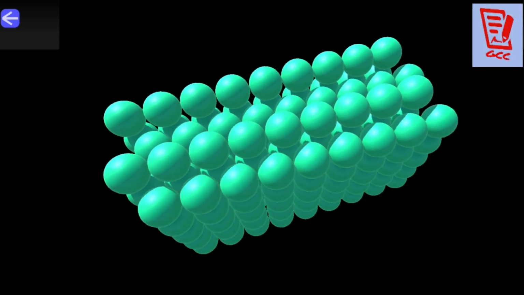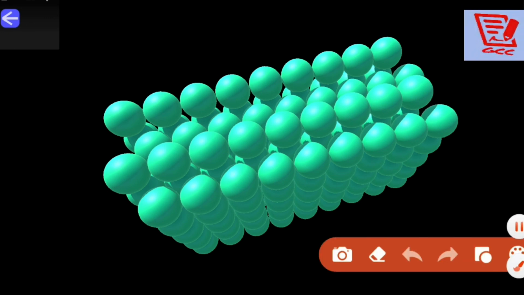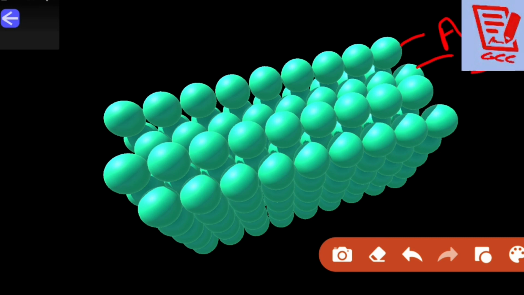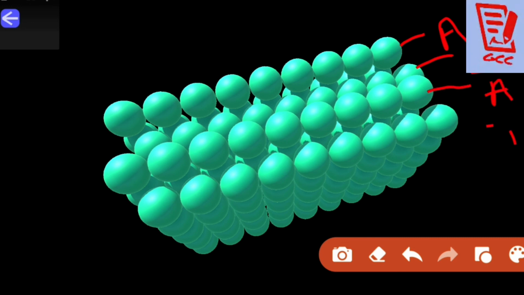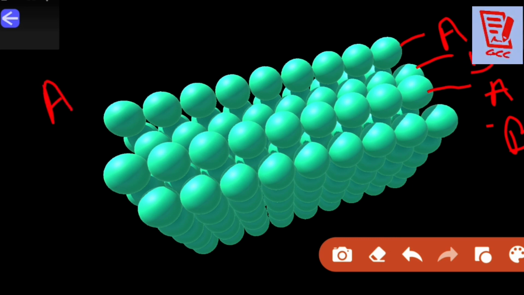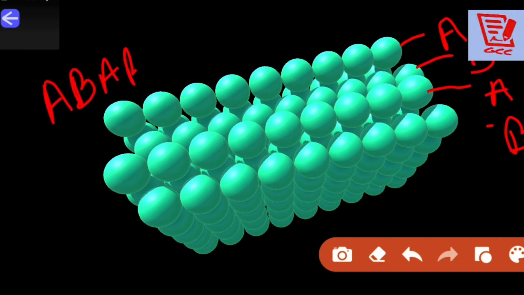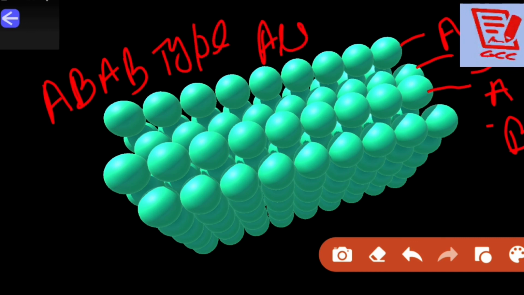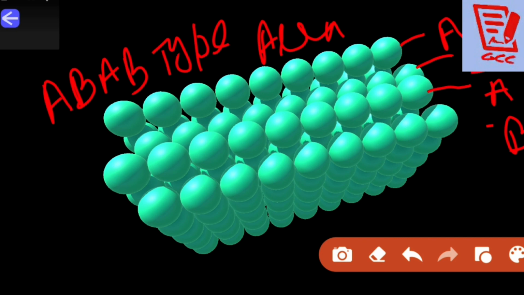Here the spheres are not properly aligned on top. How are they? Let this be A. The next one is B. This is A. This is B. But the arrangement is 3D. So this is called AB type arrangement in 3D.